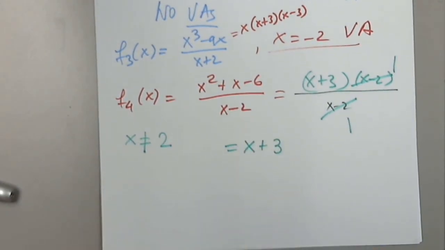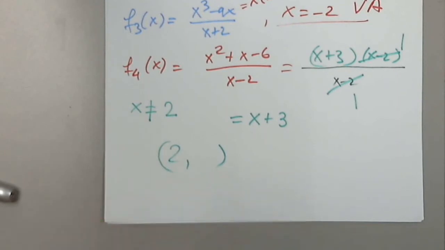Good. So does this function have a vertical asymptote? No, because the factor from the bottom went away. What will happen, however, at 2 comma, and you'll tell me the y. What will happen at this point when x is 2 and y is 5? x is 2, right? 2 plus 3.